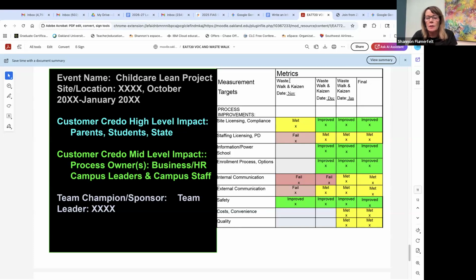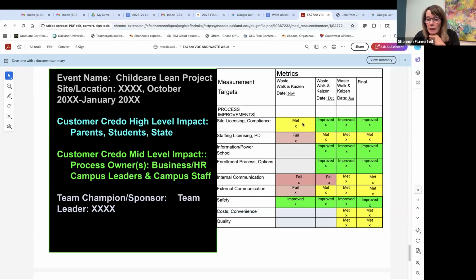And so, we did waste walks and Kaizens. We went through and we did these. So it was a November, December, January kind of a timeline where what we were trying to do is very quickly bring these things forward. So we didn't take all of these at once. The ones that have something marked here are the ones that came into queue.